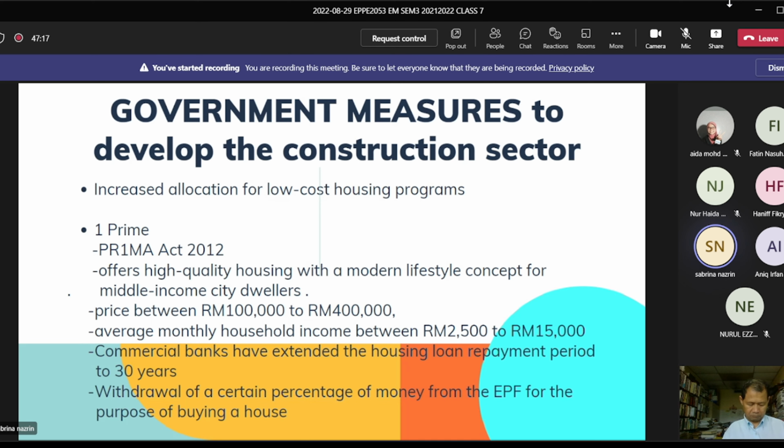Price between 100,000 to 400,000. The average monthly household income between 2,500 to 15,000. The commercial banks have extended the housing loan repayment period to 13 years. Withdrawal of a certain percent of money from the EPF for the purpose of buying a house.